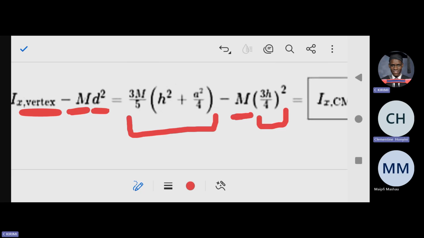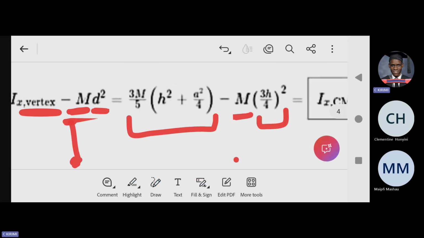The d that is being squared is the distance, 3/4 of h, and then you square it, which means the distance from the center of mass. Remember, this is a vertex, and the center of mass is somewhere at 3/4 h.